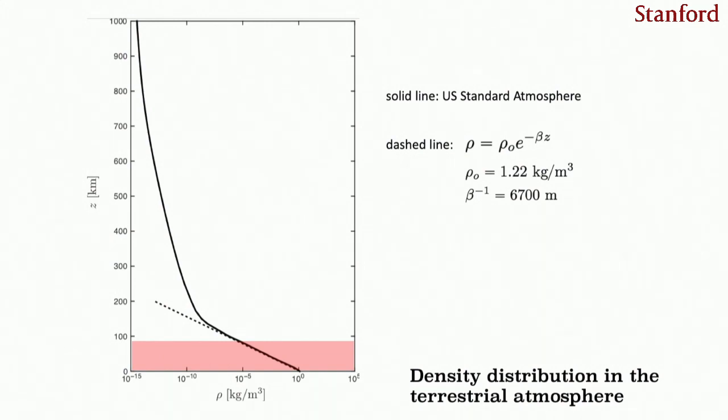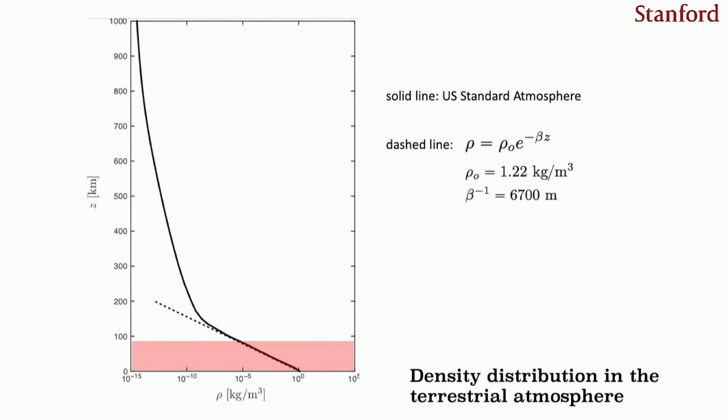And the dashed line is the formula that I just wrote on the blackboard with those two calibrated parameters, the density at sea level and the scale height. The red region in that figure is the region that matters for hypersonics, so it's up to altitudes of about 90 kilometers.